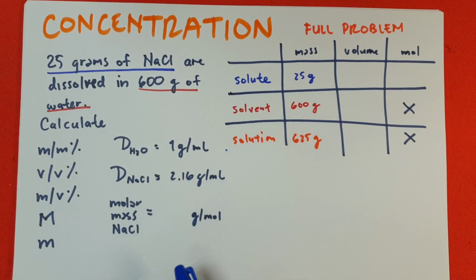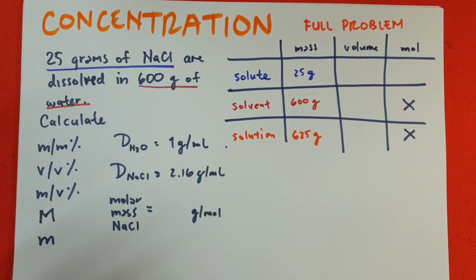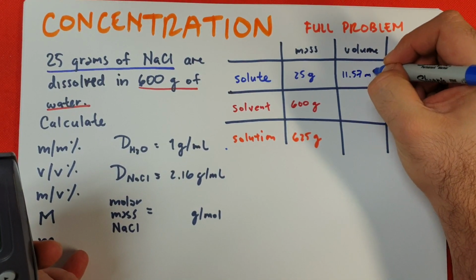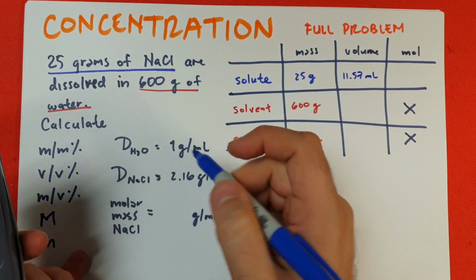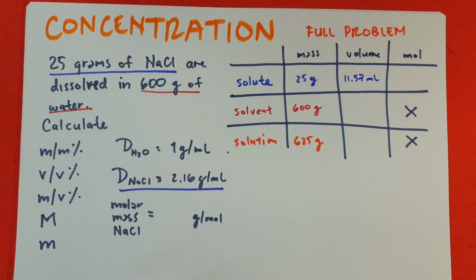So I take 25 and divide it by the density, 2.16, and that gives me the volume of solute, 11.57 milliliters of salt.